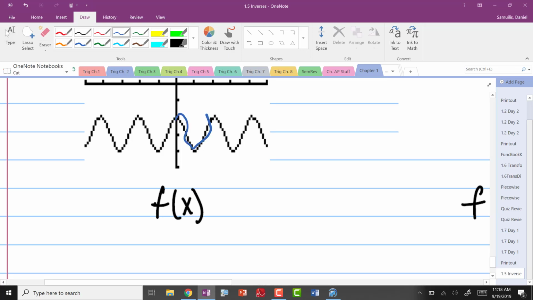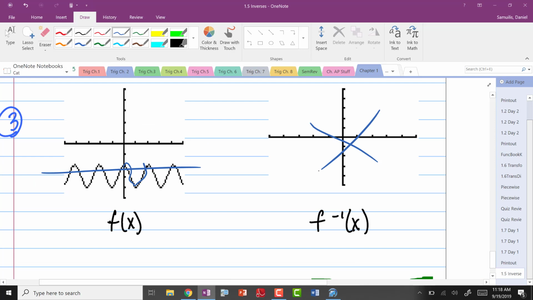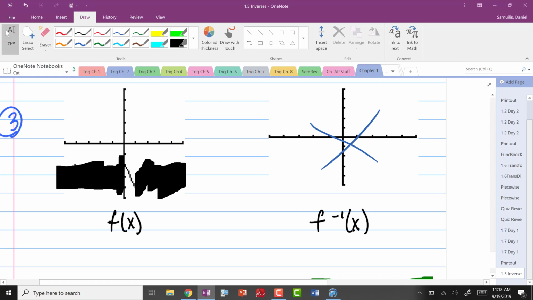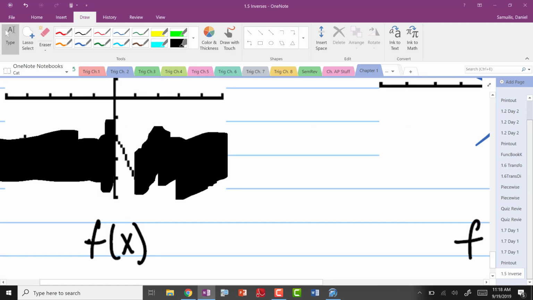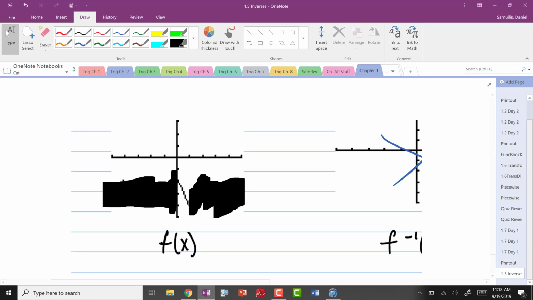But since it's not one-to-one, I cannot find the inverse of it unless I restrict the domain. Now I'll show you how that happens, and we'll have to remember this from this point. What you do to restrict that domain is restrict all of that part, because that is now a one-to-one function. You see what I just did there? All right, and then we're going to find out how to do that in trigonometry. So can't find the inverse of this.